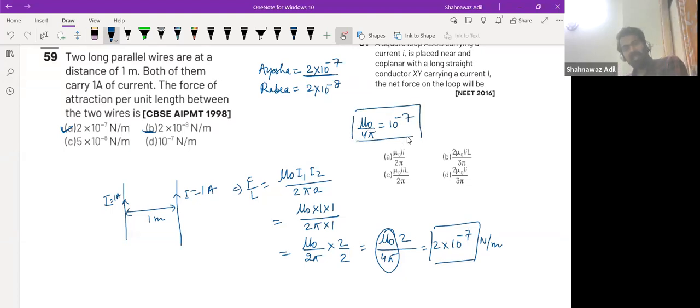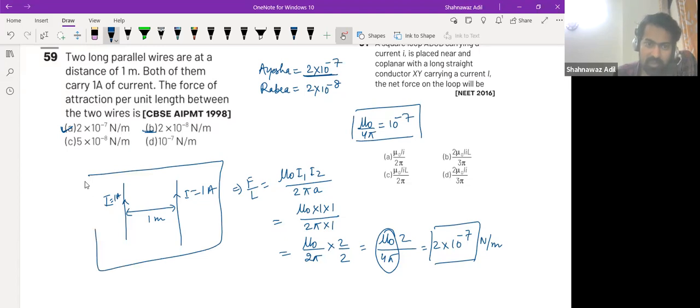Okay, and this thing you guys have seen in the definition of 1 ampere current. So the definition of 1 ampere current comes from here. You have two parallel wires carrying the same current, their separation is 1 meter, and if you measure the force between them and it happens to be this quantity, then that amount of current would be called 1 ampere.